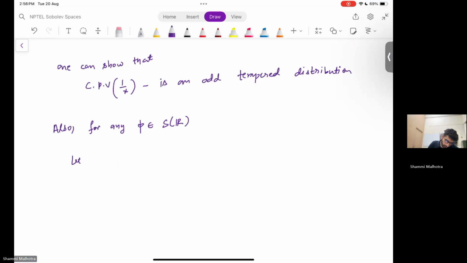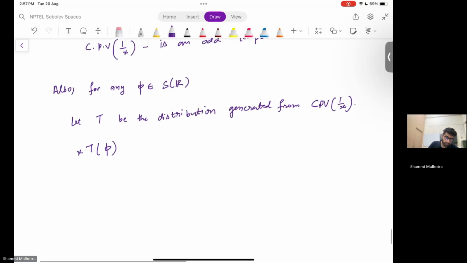That is the distribution generated from the Cauchy principal value of 1 by x. So we know that x T applied to phi is nothing but T applied to x phi. This is the definition of multiplication by a singular function.